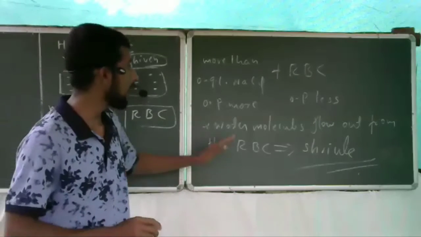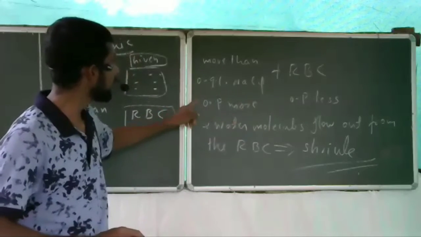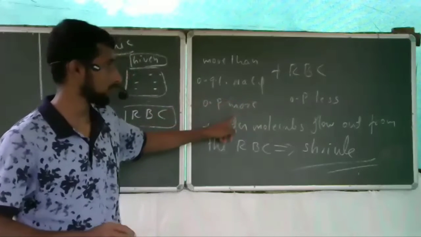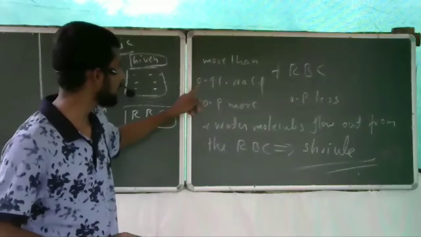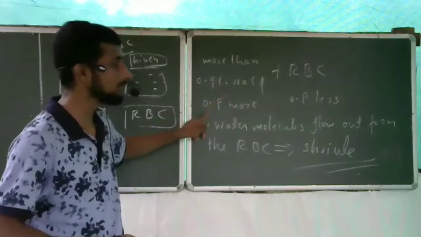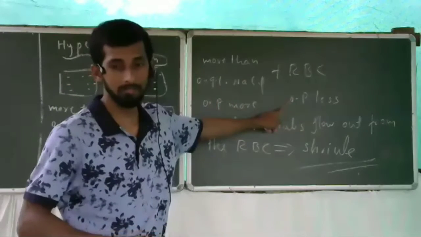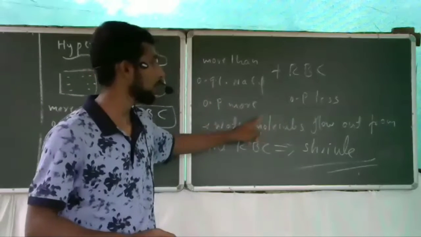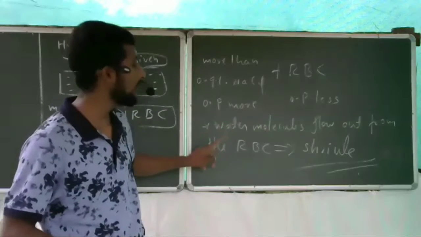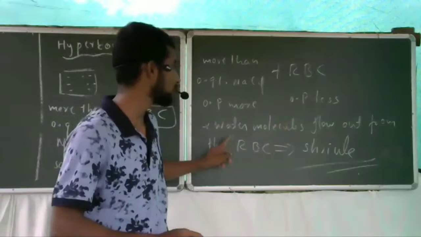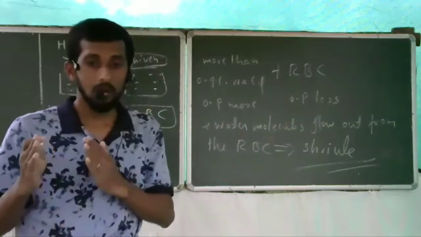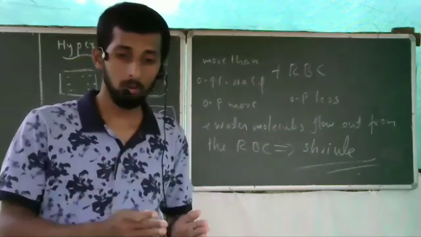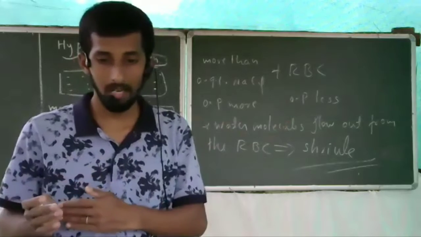But if you keep RBC in more than 0.9% NaCl solution, which is hypertonic with RBC, there will be osmosis. The solvent molecules, that is water molecules, will flow out from the RBC, because NaCl concentration is more than that of the fluid inside the RBC.